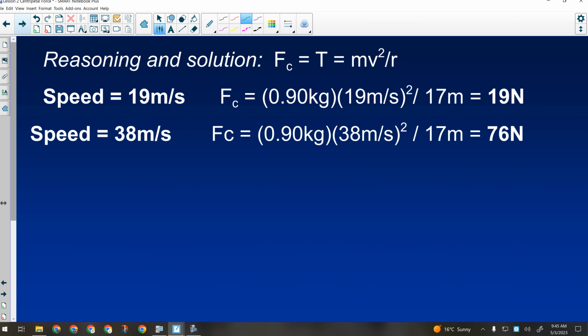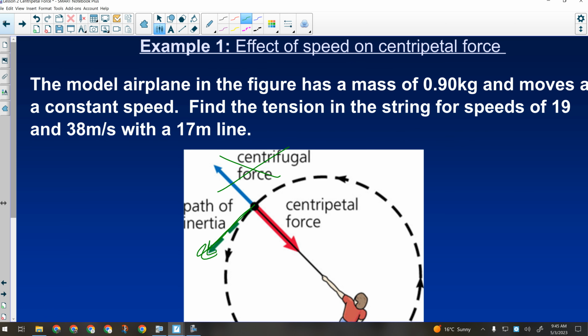Okay, so looking at speed here, guys, the effect of speed on centripetal force. We know it's exponential by looking at the formula, but sometimes it's helpful to just prove that. We want to find the tension in the string, or the centripetal force, for speeds of 19 and 38. 38 is twice as much as 19. So Fc equals mv squared over r.